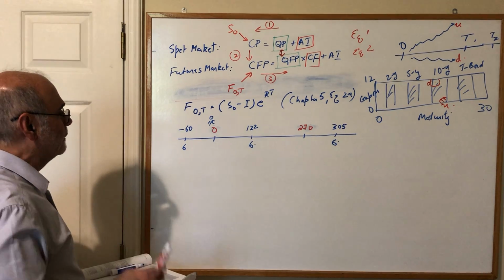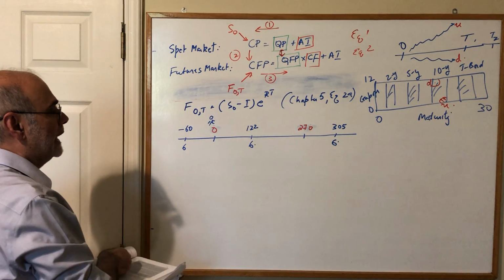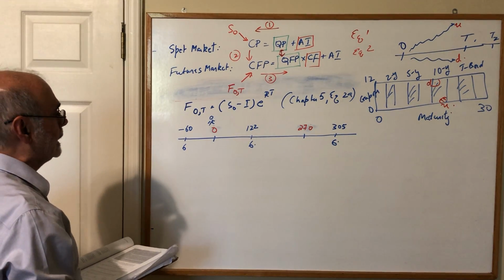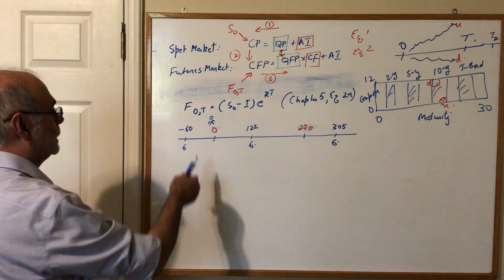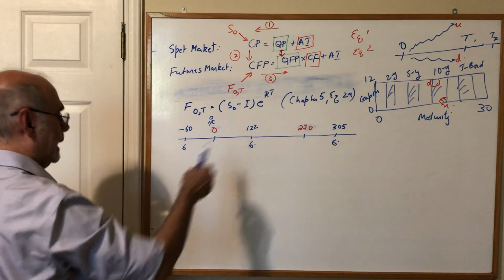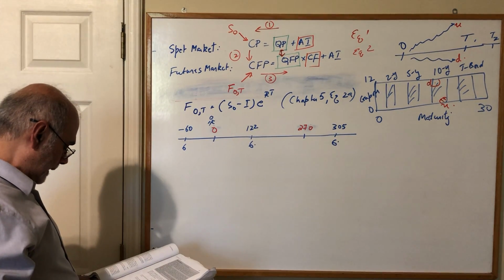You're standing at time 0, and the futures contract matures at time 270, and on that timeline, the last coupon payment of the bond, the next, and the following coupon payment. So the blue tells you what the coupon payments are.